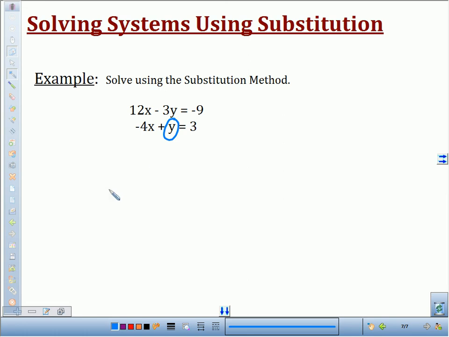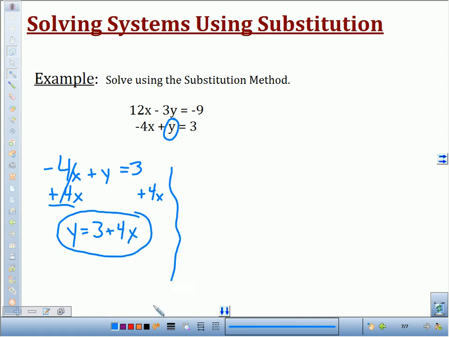But y looks like it will be easy to solve for. So that's what I'm going to do. I'm going to solve the second equation, negative 4x plus y equals 3, for y. To do that, I'll simply add 4x to both sides. And I'll have y equals 3 plus 4x.